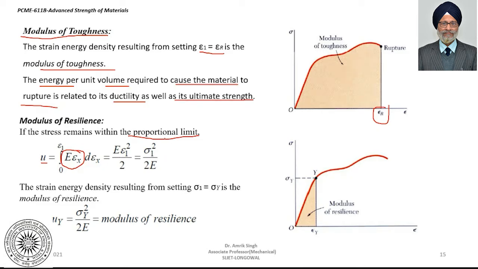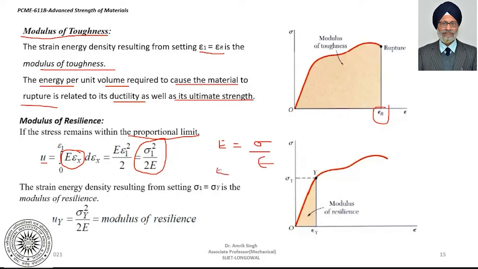So if you see, you can put the value of this. This is nothing but sigma square upon 2E. So you can put the value here. E is equal to, you know that E is equal to sigma upon epsilon.